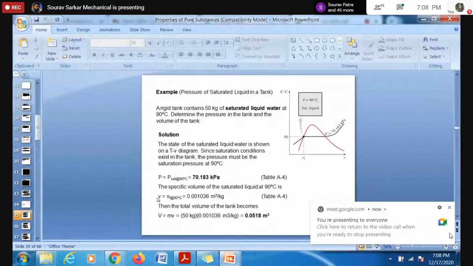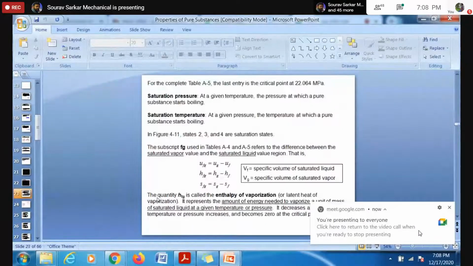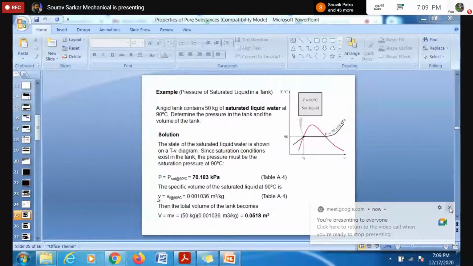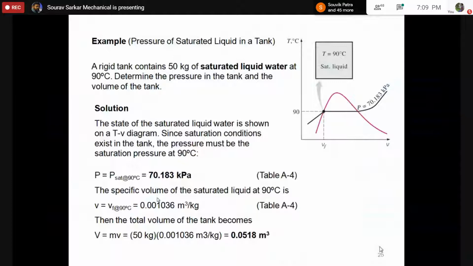Suppose I want to solve one problem. Let's see one problem. So consider this question. A rigid tank contains 50 kg of saturated liquid water at 90 degrees Celsius.